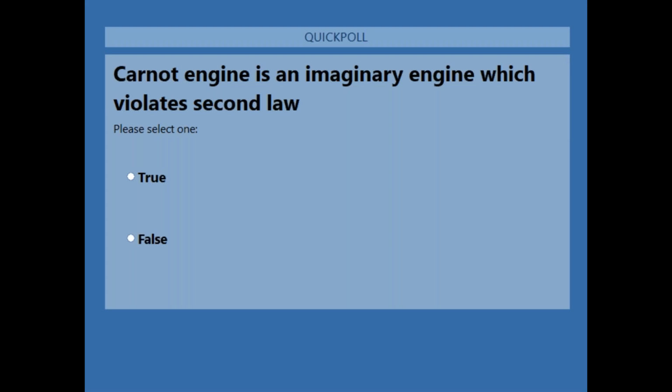So the question is about a Carnot engine, and you are asked whether it violates the second law or not. 40% of the students are confused.